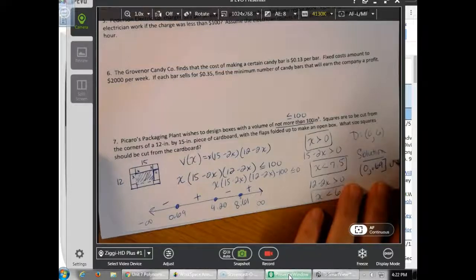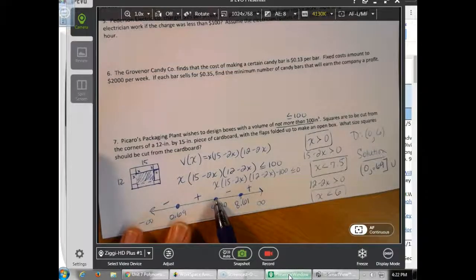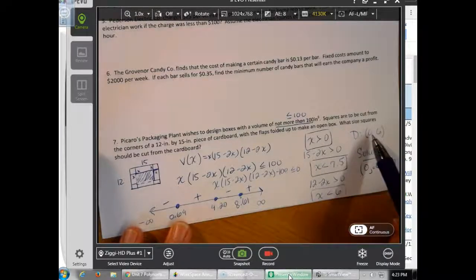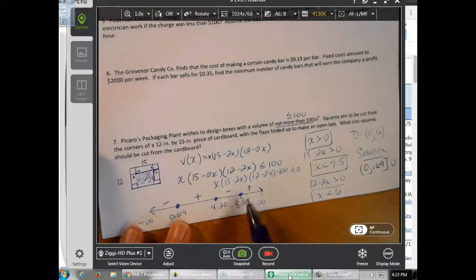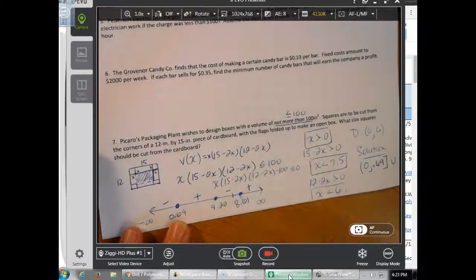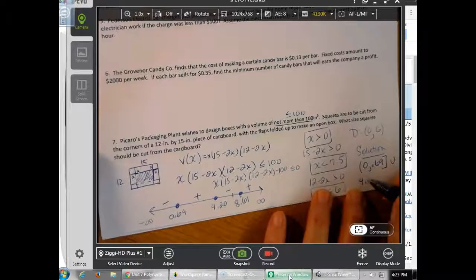And then in union with, let's go to the next interval, so 4.20 to 8.61. So 4.20 is in my domain, but I have to stop at 6. So it's almost like you have to just truncate it right there. So I'm going to say 4.20, comma 6.